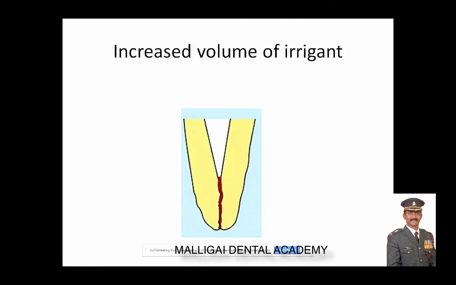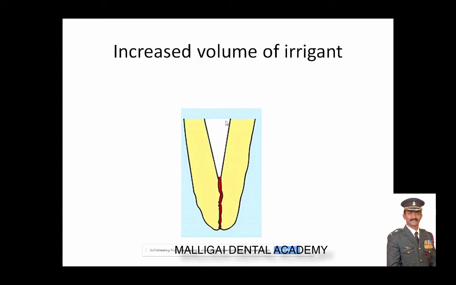When you follow the crown down or the hybrid protocol, this is the single most important advantage that you gain. That is the increased volume of irrigant. If you see in the image, when you do a rotary protocol with crown down, you have enlarged the coronal to middle third and given it a funnel shape. This is an exaggerated diagram for understanding.